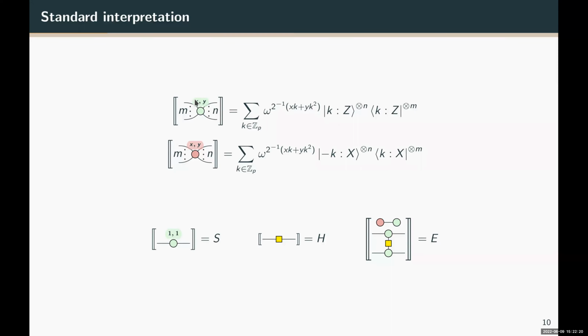So we have this x part which is linear and the y part being quadratic. Once again, the x part will correspond to the Pauli operators and the y part is the non-Pauli pure Clifford part. The red spider is completely analogous, except we're now acting in the diagonal in the X basis, and we have this additional minus as always.